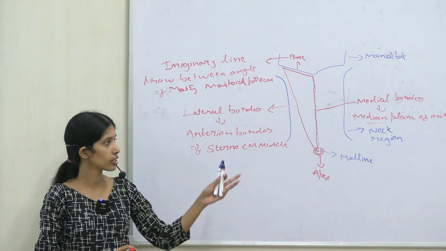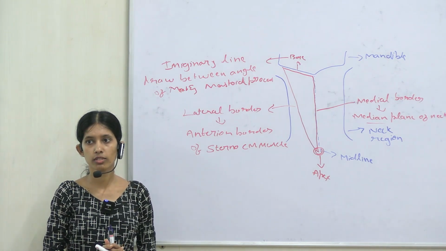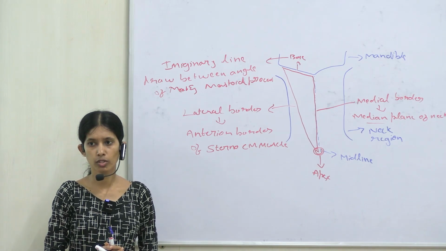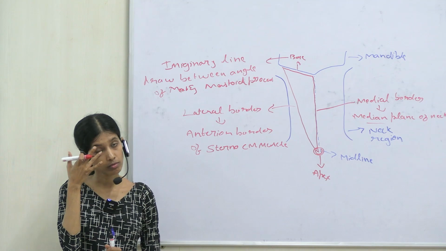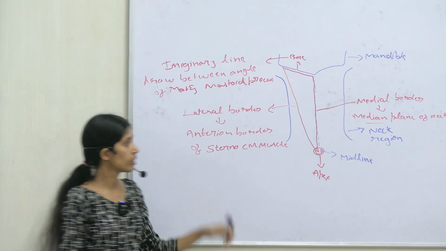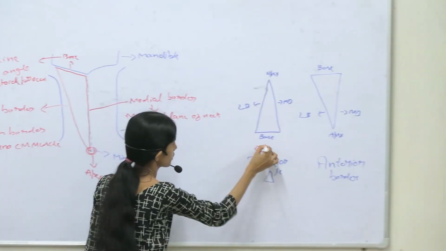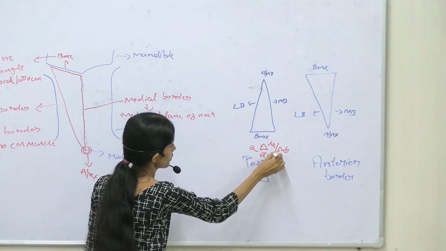Is there any division in the posterior triangle? What are those? Occipital triangle and sub. Okay, fine. So there are two triangles or subdivisions in your posterior triangle.